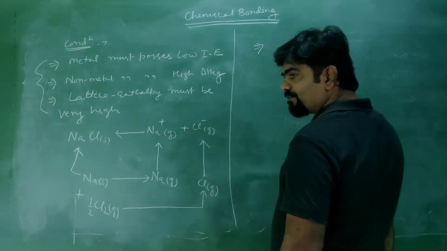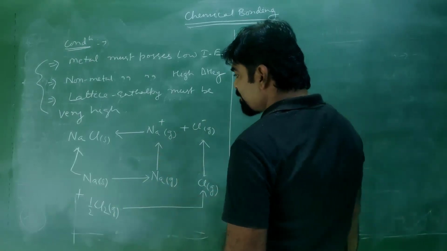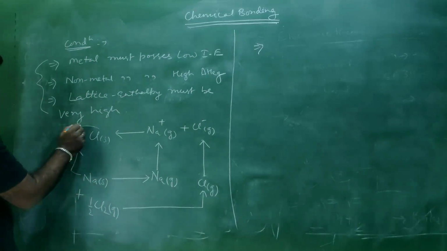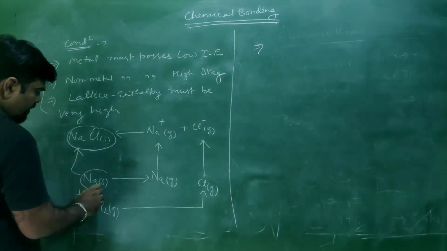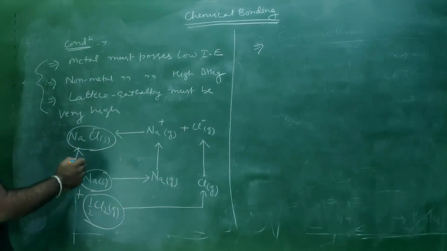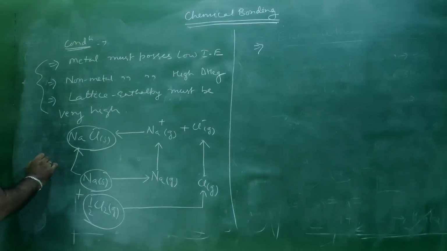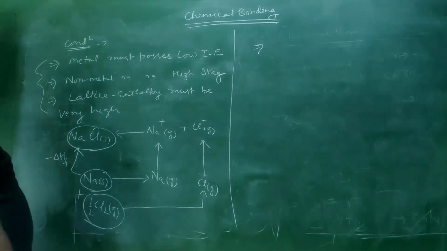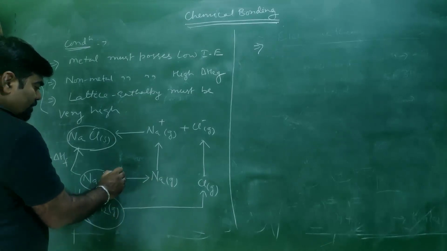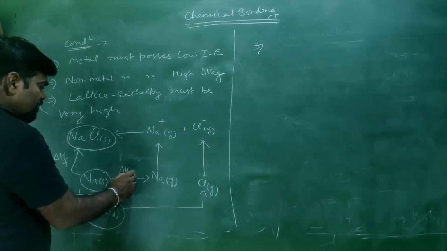That cycle is called the Born-Haber cycle. In this case, NaCl is formed from its constituent elements Na and Cl2 gaseous, and whatever energy is released or absorbed is the enthalpy of formation of sodium chloride. Then Na solid is converted to Na gaseous by giving the enthalpy of sublimation.